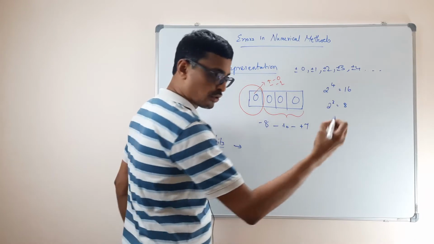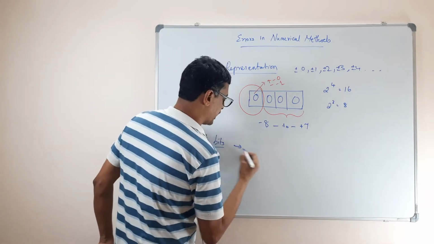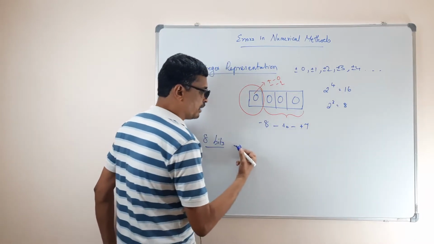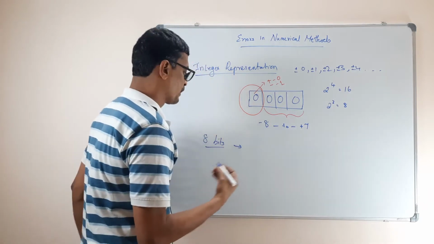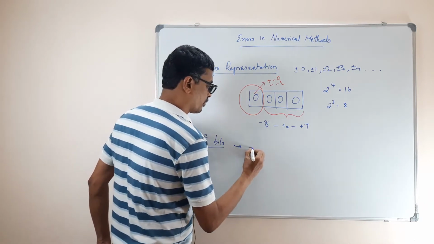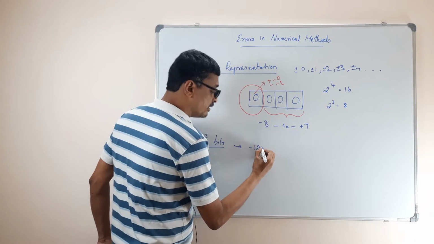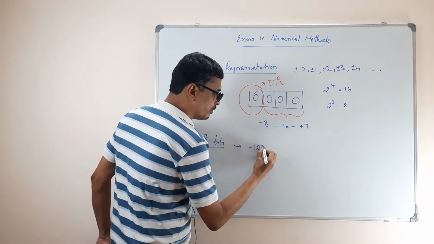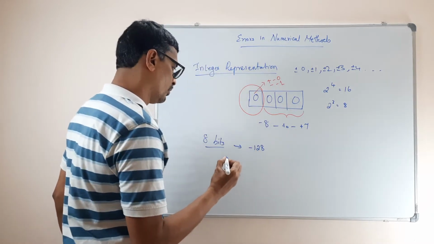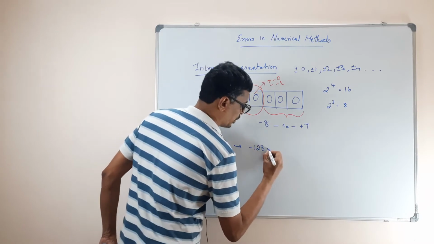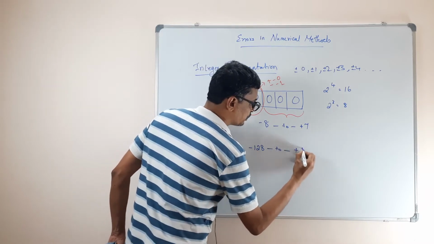Tell me, in the case of 8 bits, what is the minimum and the maximum number? Minus 128 and plus 127. Correct. Minus 128 to plus 127.